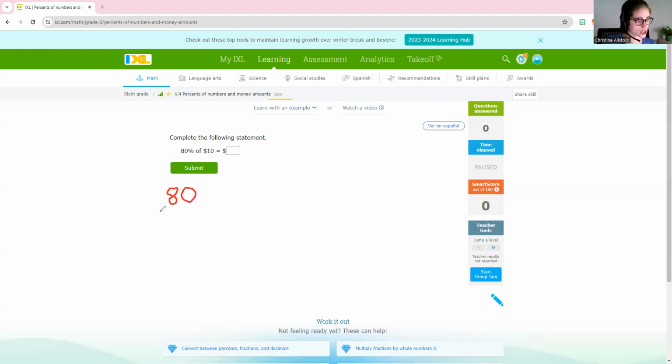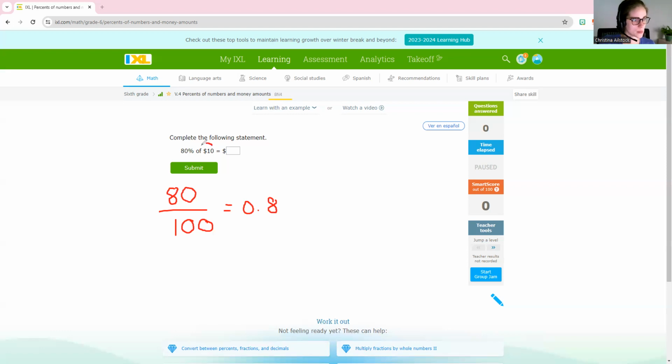Now, you do have permission to use a 4-function calculator for this. 80 divided by 100 will give us 0 and 8 tenths. Now that we've converted our percentage to a decimal, we just need to multiply that by whatever we're trying to find 80% of, and we'll have our answer.